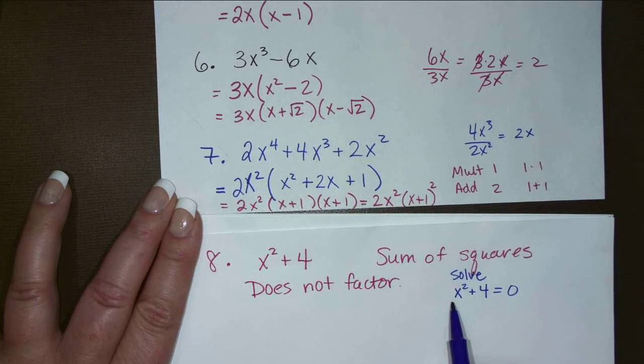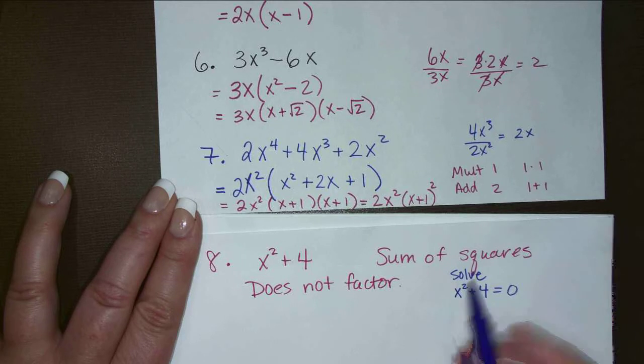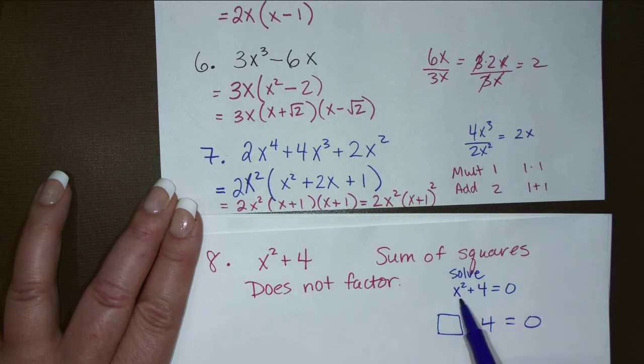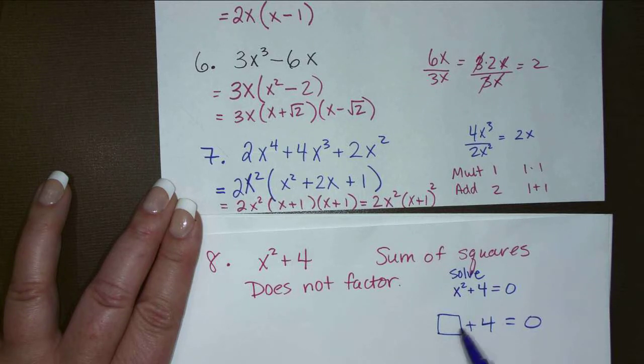Something plus 4 equals 0. What would that something have to be? -4. Can you square a number and get -4? No, because what happens when you square a number? It becomes positive. So you can't square a number to get -4, so this is not going to work.